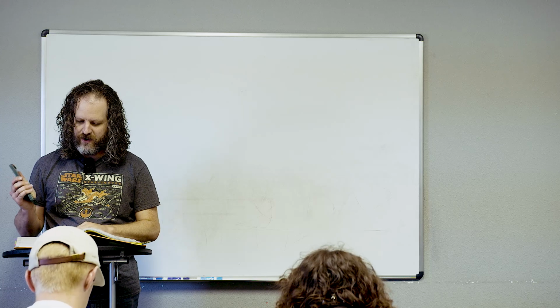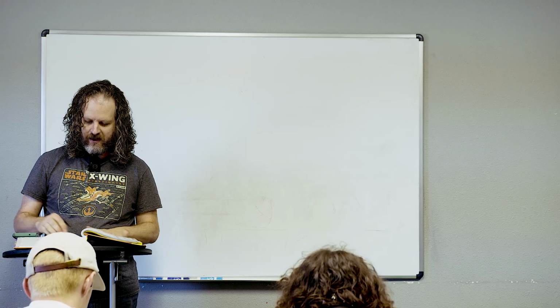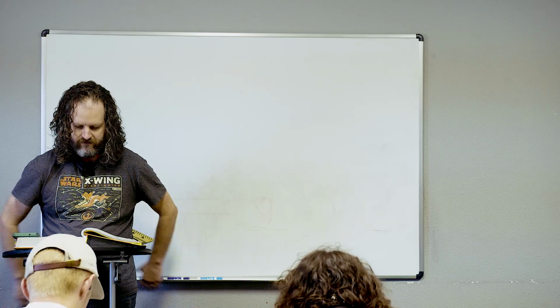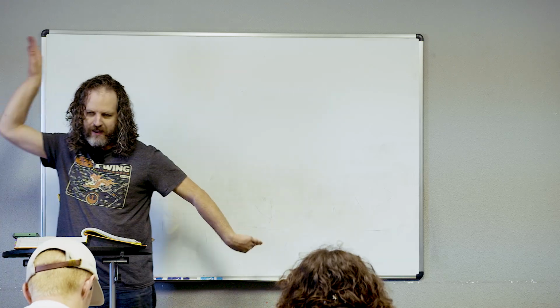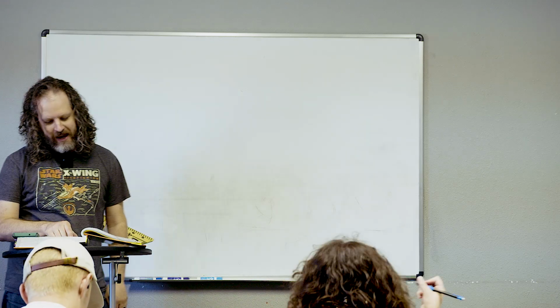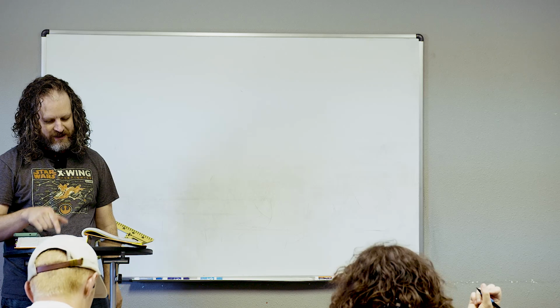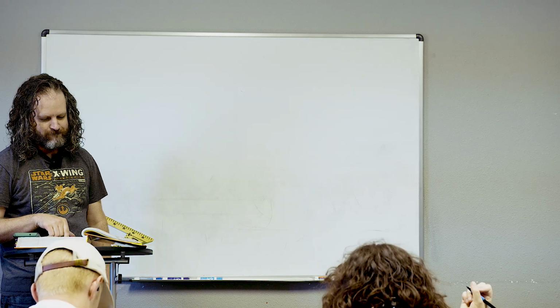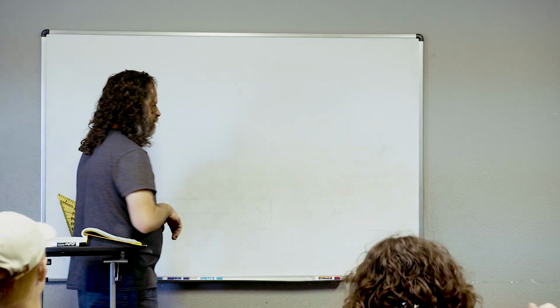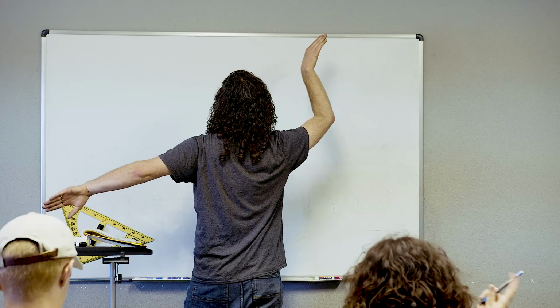99, 2A. Is n odd or even? Odd, so it's going to be either this one or this one. And then a sub n, is it positive or negative? Positive. So what's it going to look like? Like this, yeah?